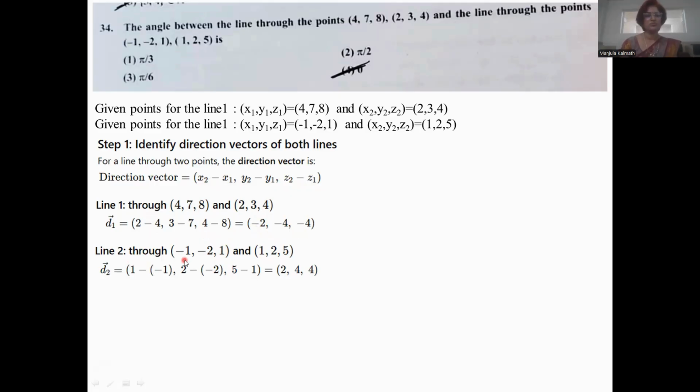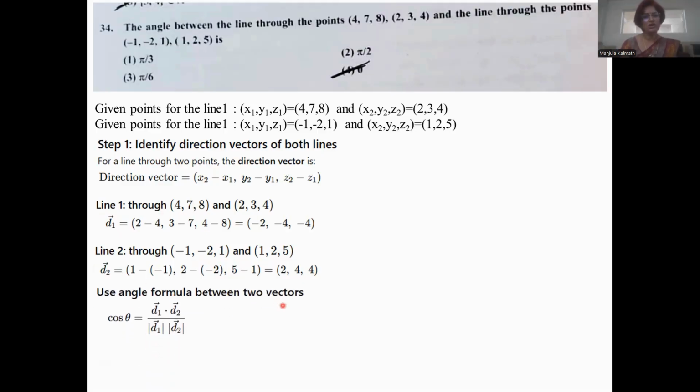Then line 2 passes through -1, comma, -2, comma, 1 and 1, comma, 2, comma, 5. Just substitute these values in the same equation. So we'll get the direction vector of the first line and the direction vector of the second line. They will be represented as D1 as well as D2.